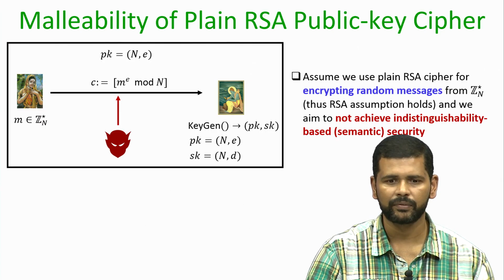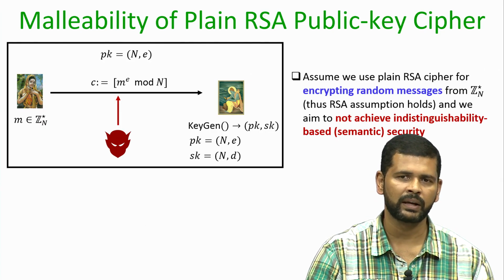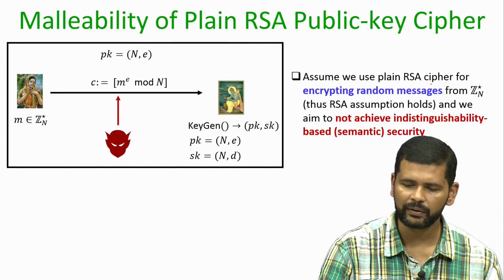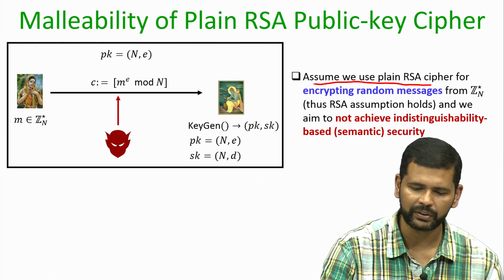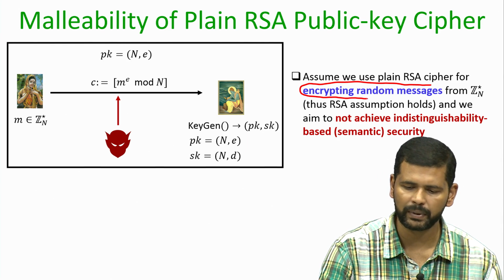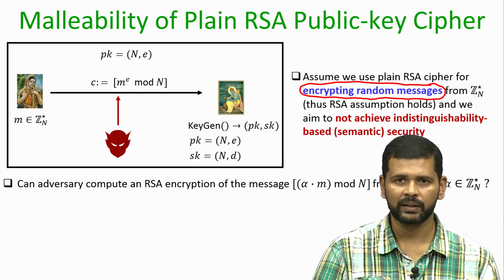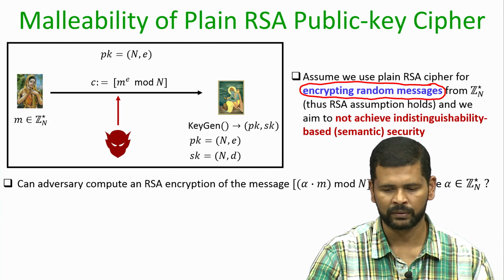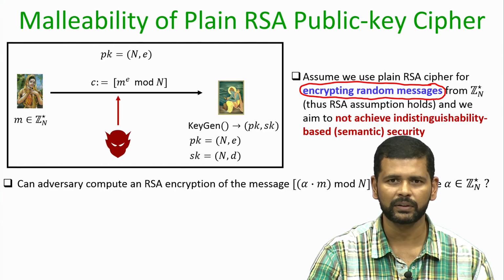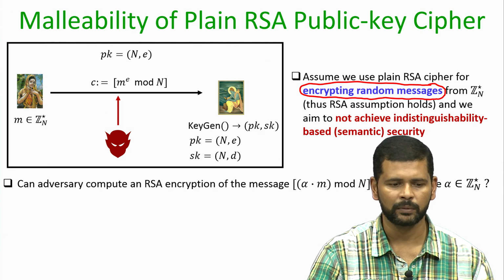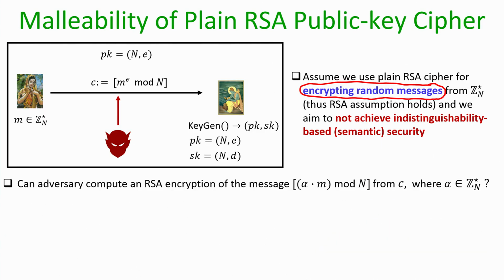We are happy if the adversary does not learn the entire underlying plain text, and we consider a scenario where in my underlying application the sender is going to encrypt random plain text from the group Zn star using the RSA encryption scheme. What we are going to see here is that even if we are using RSA for such an application, the plain RSA encryption process is malleable, and if it is malleable, then obviously it is not CCA secure.